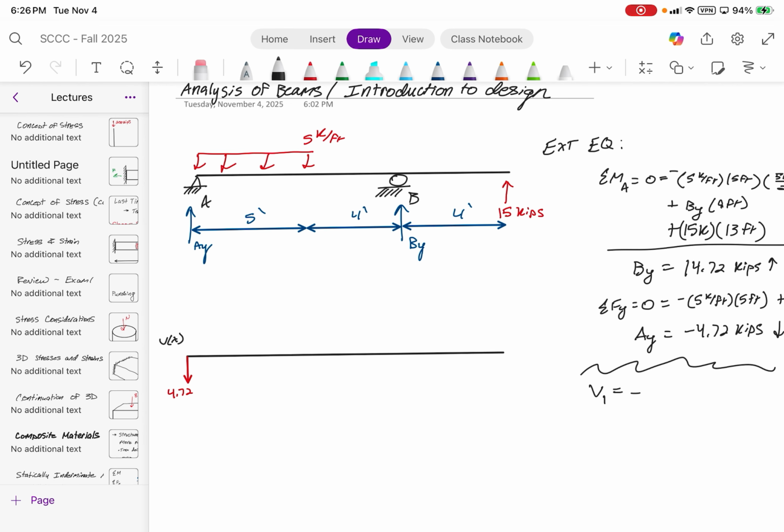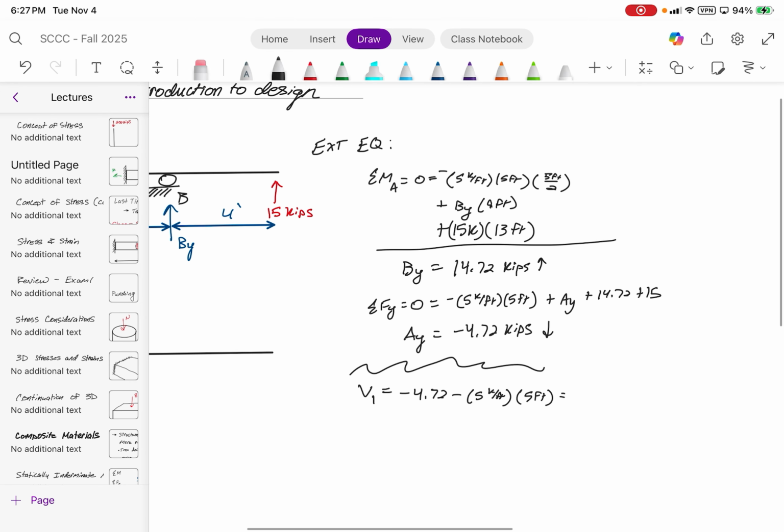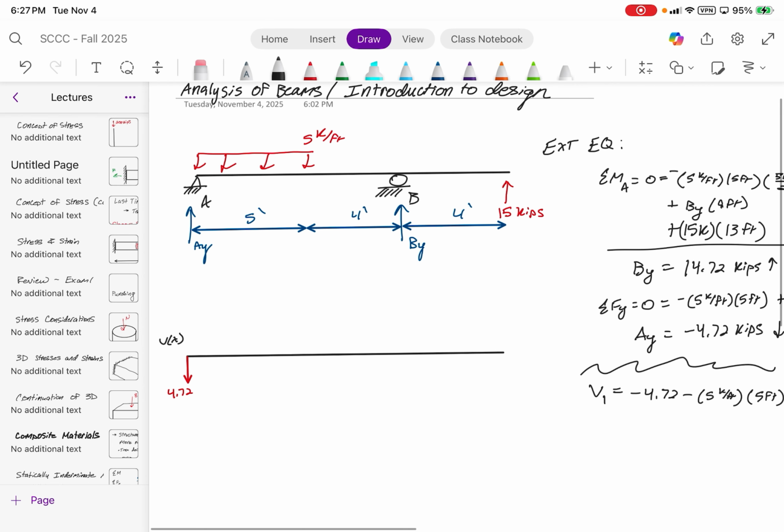And this is just going to be the negative 4.72 minus the 5 kips per foot times the 5 feet it's distributed over. Which means that our second shear point is negative 29.72 kips. And that is going to be roughly here.